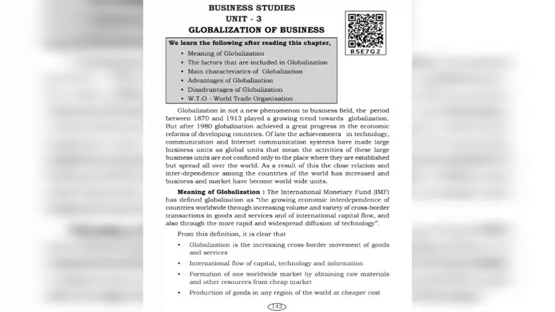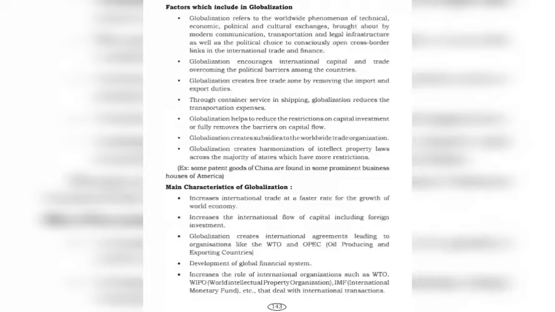So let's move to the next part. So the factors which are included in globalization. तो globalization में और क्या क्या चीजें जुड़ी हुई हैं? So what other things are related to globalization? ठीक है, what are the things that make the globalization? Let's understand.